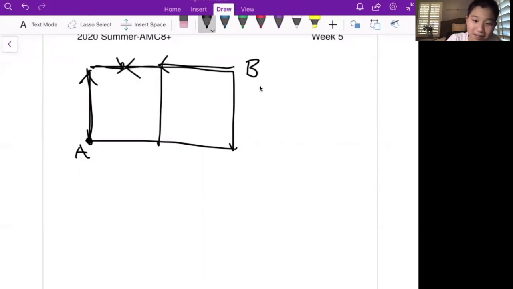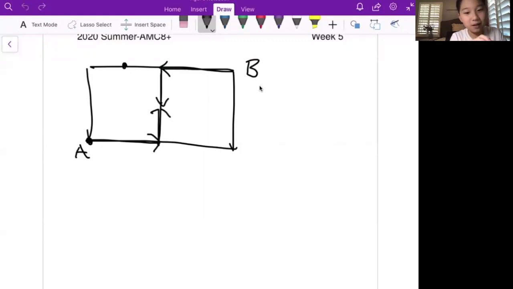They meet right in the middle here. Okay, so let's mark that first. Okay. What if Alice goes here, Bob goes here, and then they meet right here?